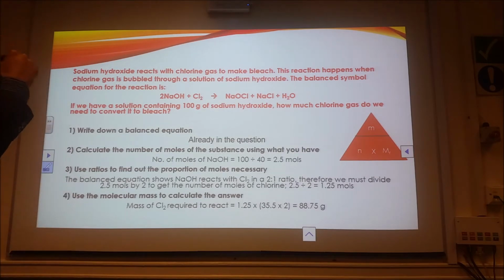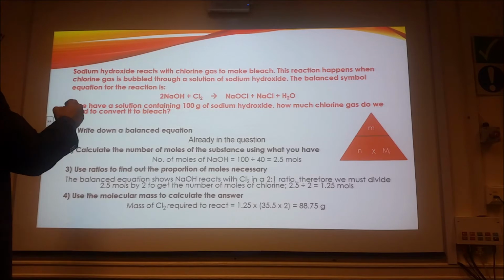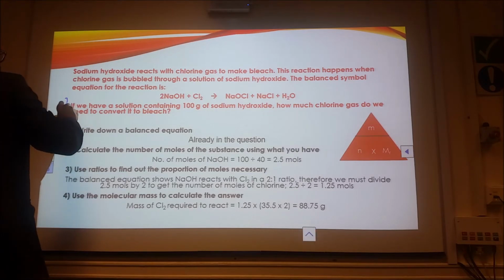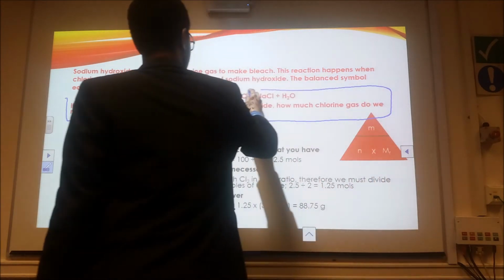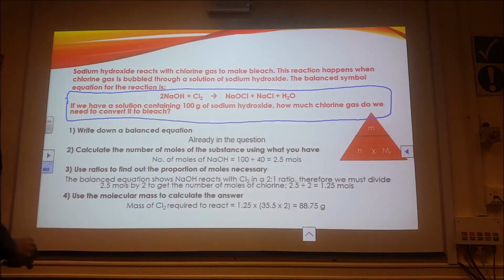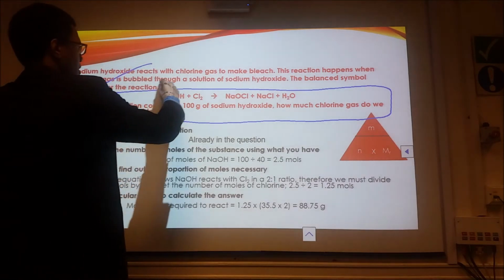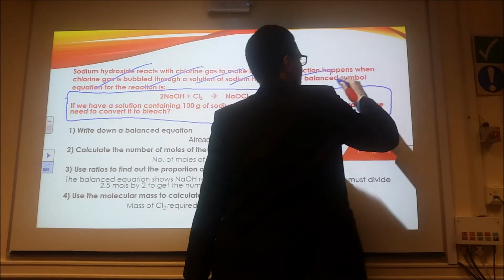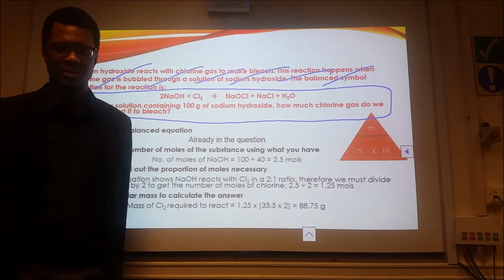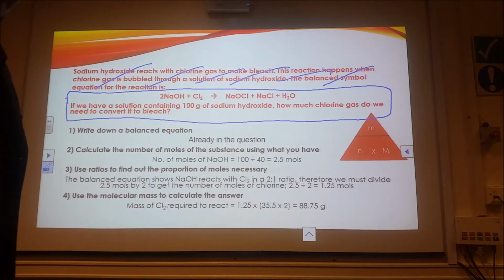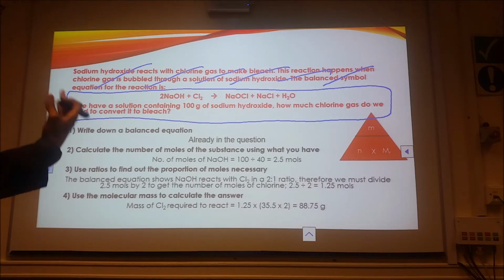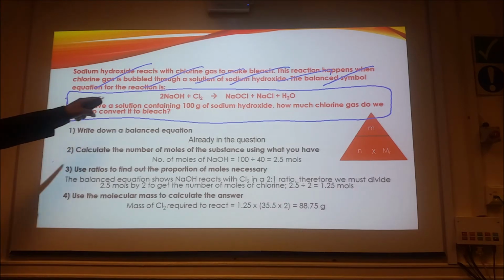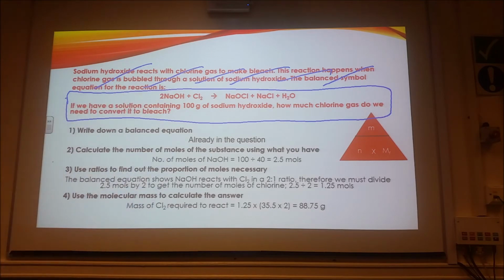So, having a look at it, this is the equation. This is the question. All of this doesn't matter. In an exam, you need to be able to distinguish between the important information and the not so important information. This is the only bit in the question that actually matters.